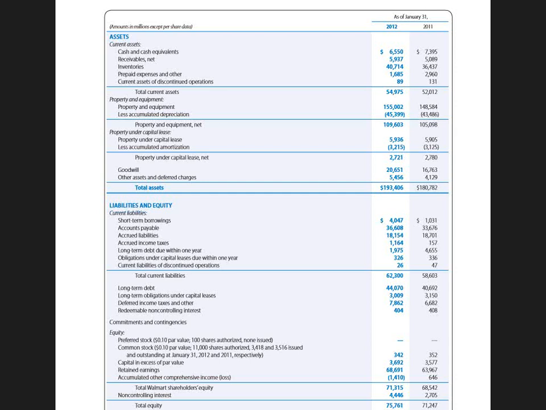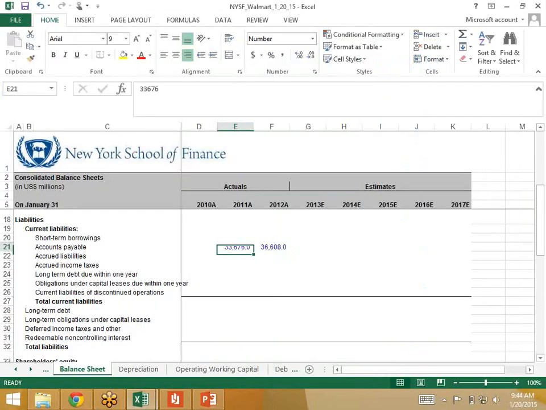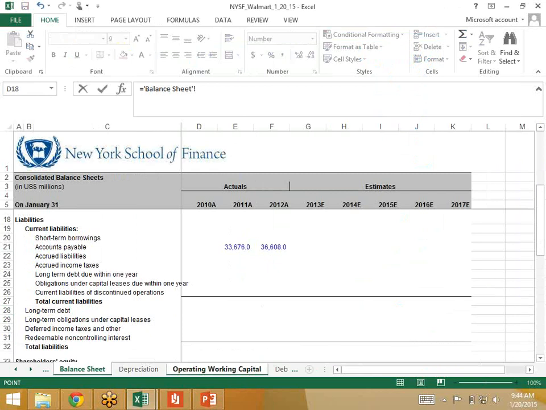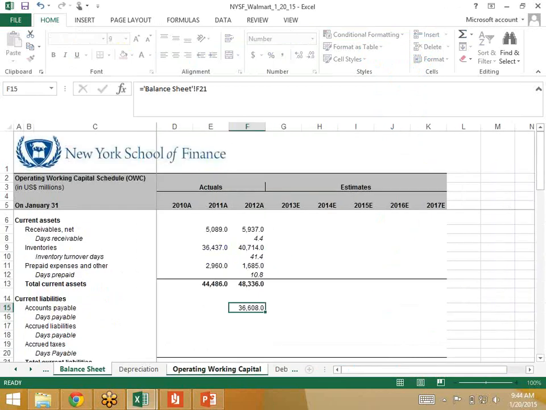Accrued liabilities. So okay, let's pull that into operating working capital. Accounts payable will be pulled in from the balance sheet. And using the same method, hopefully you're getting familiar with the formula.